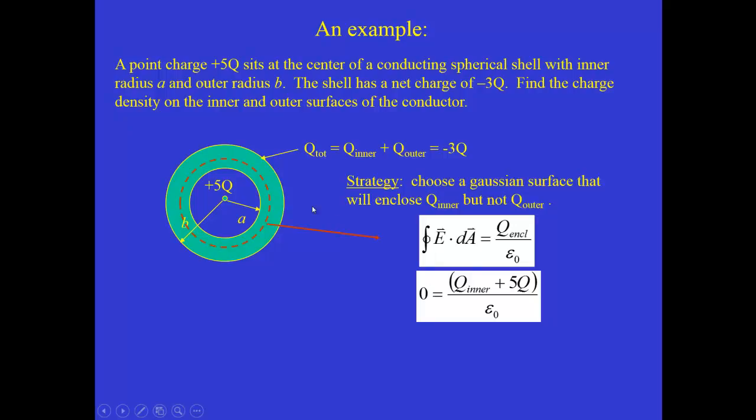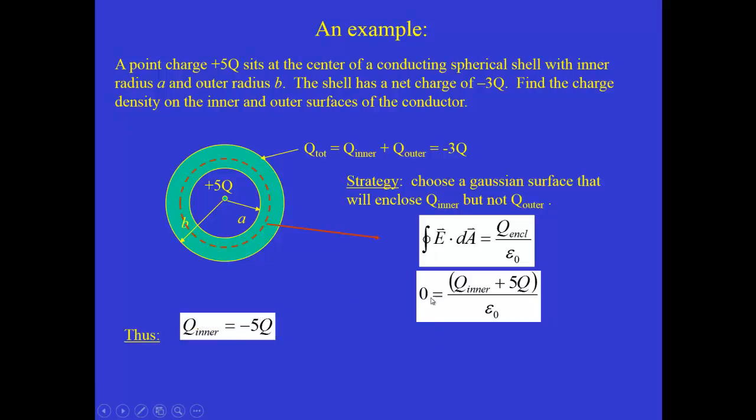The charge that's enclosed by this surface includes two terms. There's the plus 5Q, the point charge, and then there's whatever the charge is on the inner surface, Q inner. So Q inner plus 5Q is the total charge enclosed. And the sum of those two has to be 0 because the epsilon 0 doesn't come into play at all.